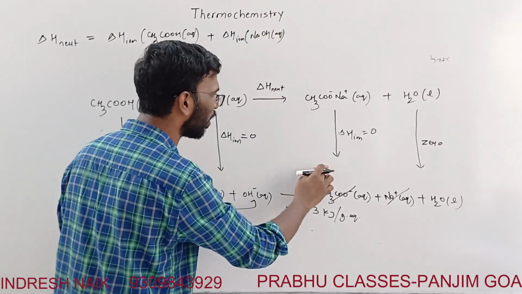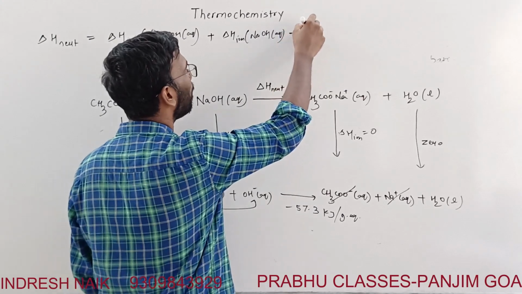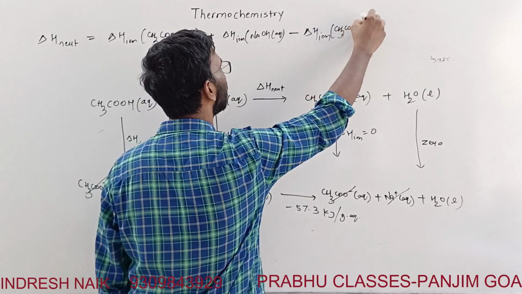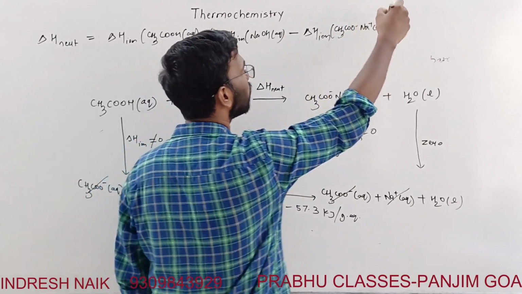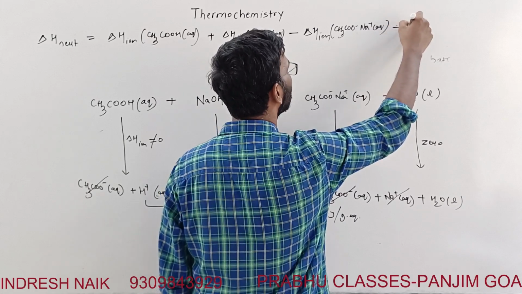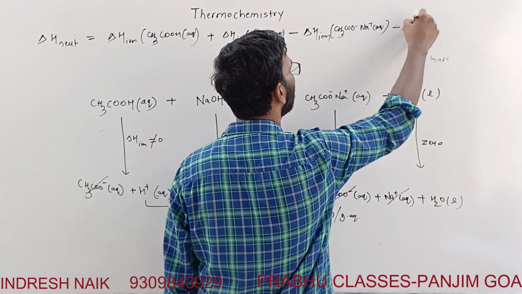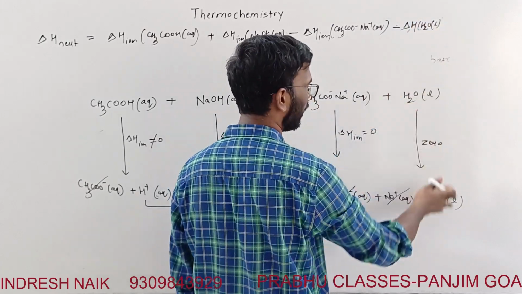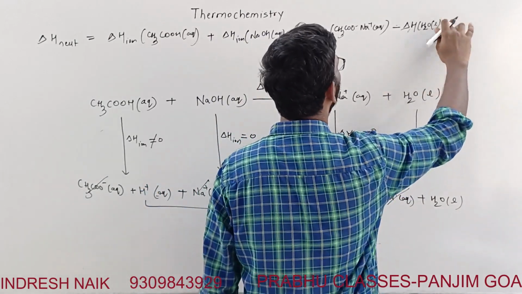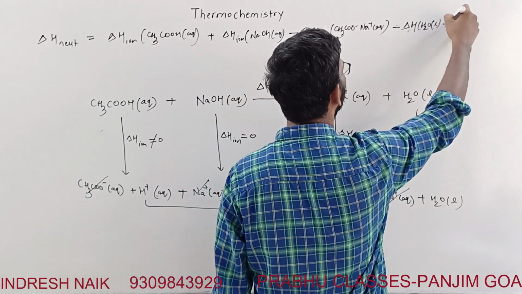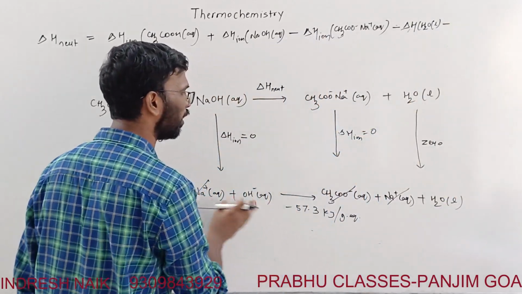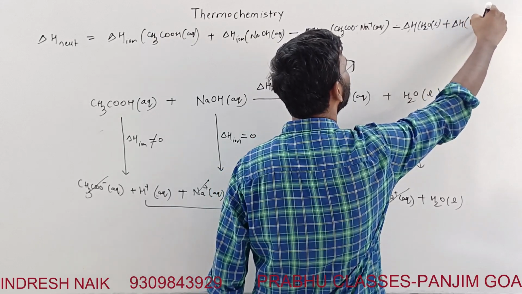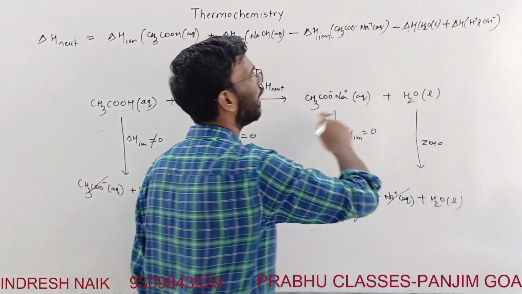Then, this arrow should be the opposite way, but that's why I'll write minus delta H ionization of this salt, CH3COO minus Na plus aqueous, and minus the enthalpy of H2O. This is liquid and liquid, there is no change, so that's why it is 0, right? And minus this is the amount of energy which is released. Means we'll write this as plus the enthalpy of H plus and OH minus getting combined. I am writing it this way.